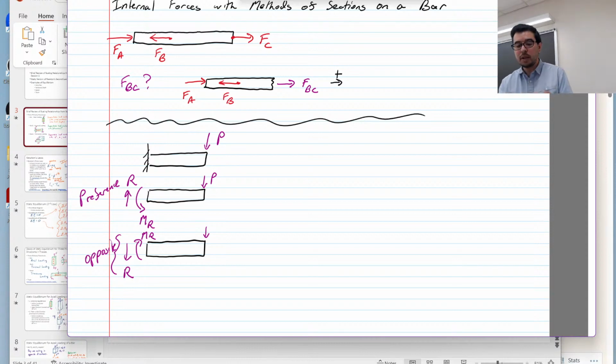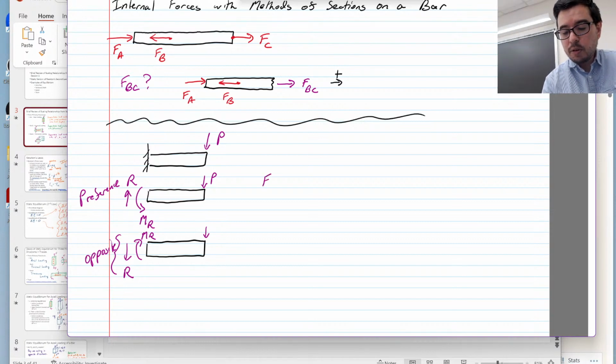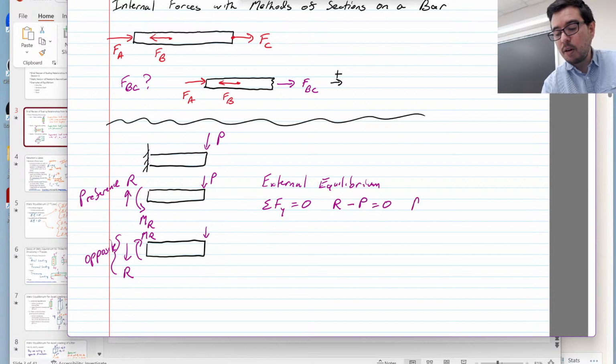When I do external equilibrium, which is what you do first before internal, I've got the sum of the forces in the y direction equal to 0, so I have R minus P equal to 0. That means R is equal to P. Then for moments, I have to pick a location, so I'm gonna pick O, and I'll call Z coming out.